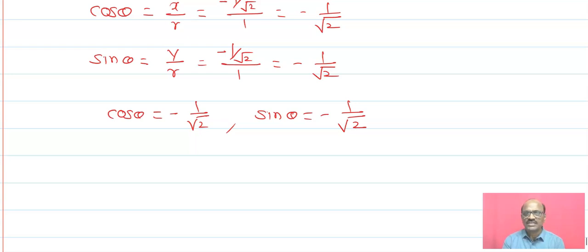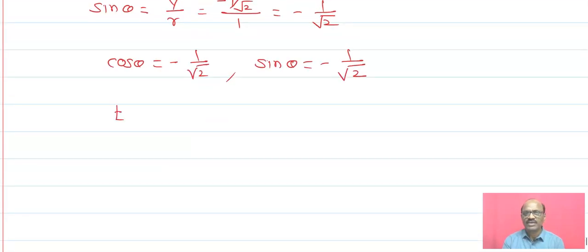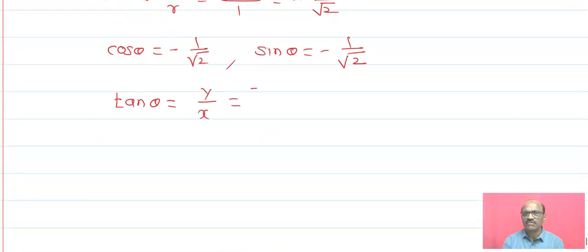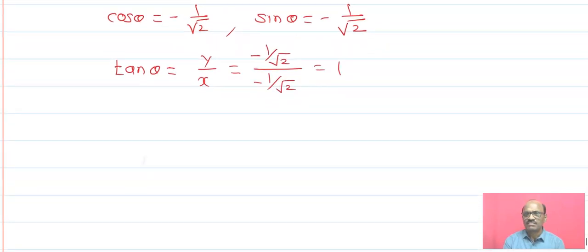Now how to decide this? In the textbook we have given that theta is equals to pi plus tan inverse of 1.